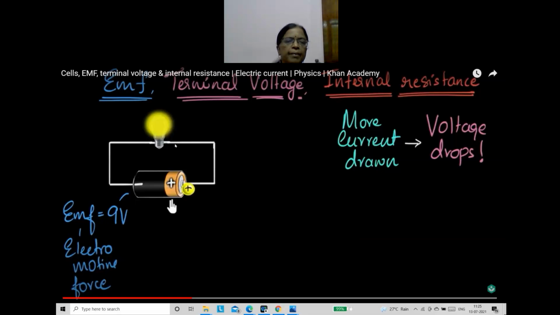So I will ask you a question: which is greater, EMF or terminal potential difference? Dibangsha, which is greater, EMF of the cell or terminal potential difference of the cell?